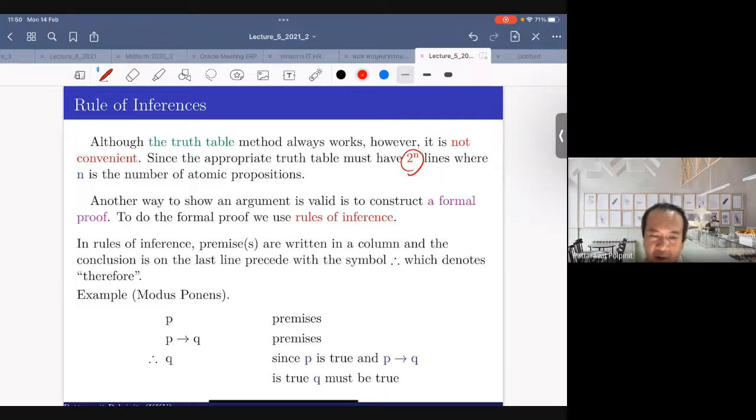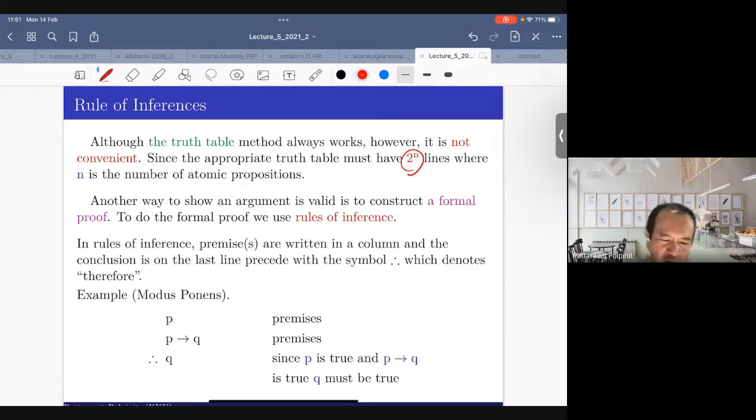You have 2 to the power of n rows, where n is the number of atomic propositions. If n is 3, it's okay, but if n is 4, you get a 16-row table, which is quite a lot. If n is 5, you have 32 rows. That's a lot. Maybe it's not very efficient to validate an argument that way.